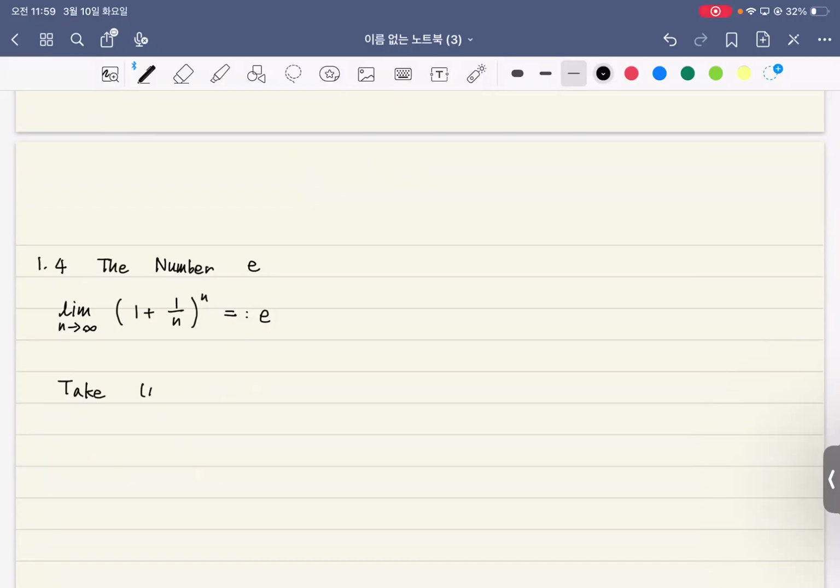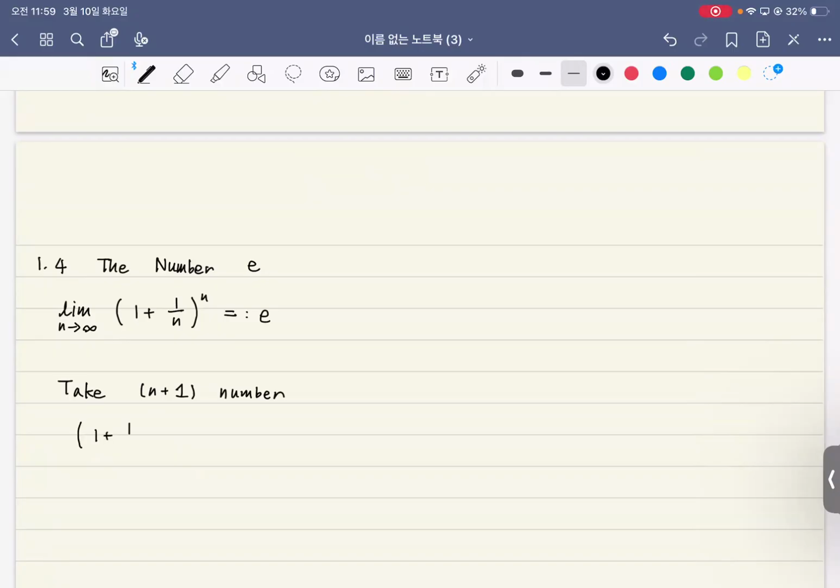To show that the sequence is convergent, we're going to use the arithmetic and geometric mean inequality. From my viewpoint, this is one of the most clever applications of the AM-GM inequality. So let's take a look at this.